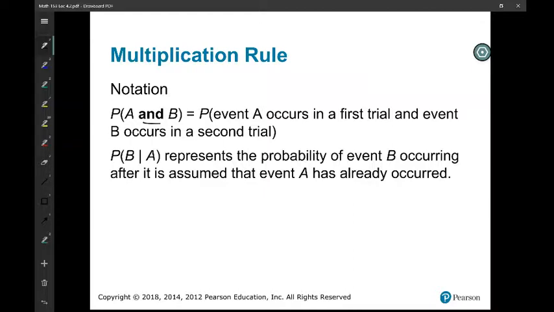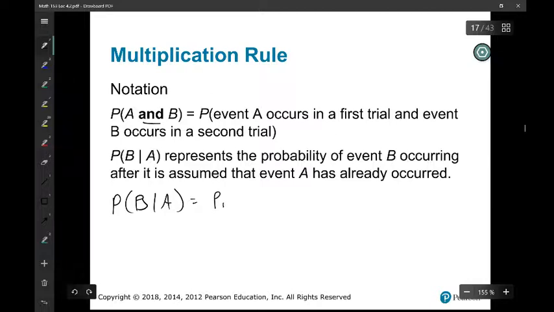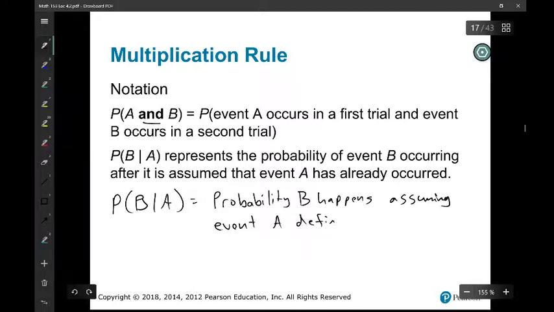And then we have this notation here, probability of B given A. So probability B vertical slash A means probability B happens assuming event A definitely happened.